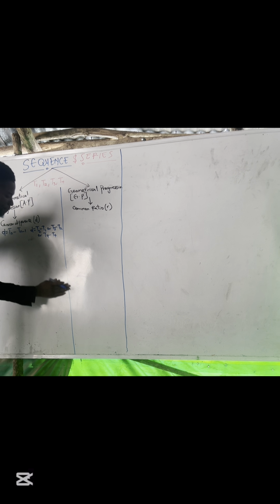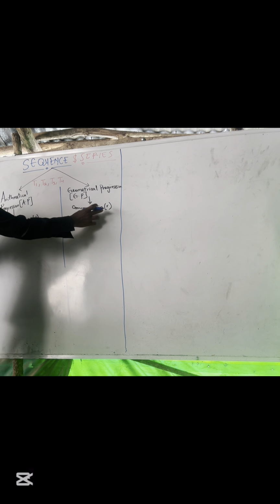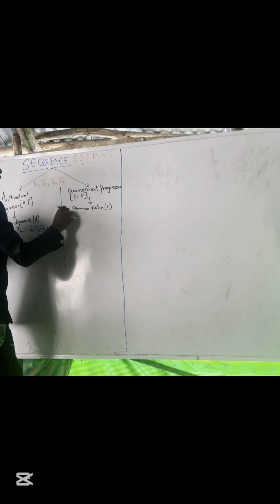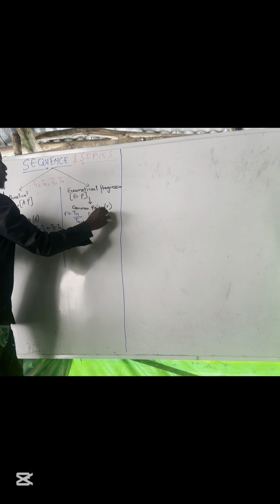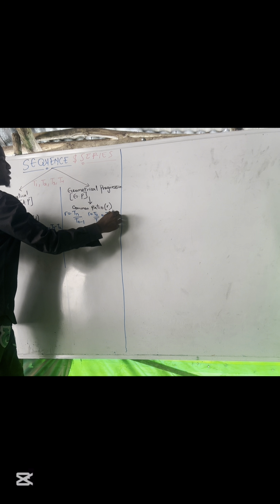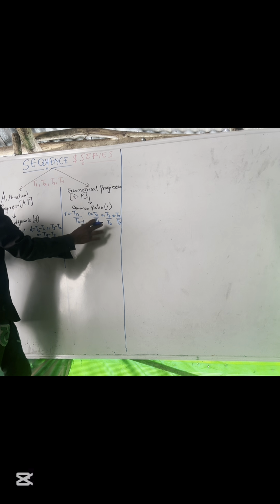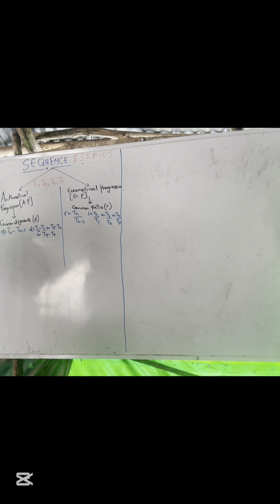But if you are talking about the common ratio, the general formula for common ratio R is equal to Tn over Tn minus 1. That is, your R can equal T2 over T1 or T3 over T2 or T4 over T3. That's the general formula for common ratio.